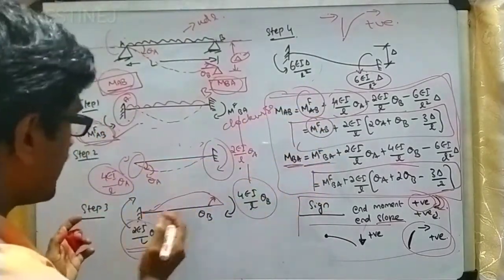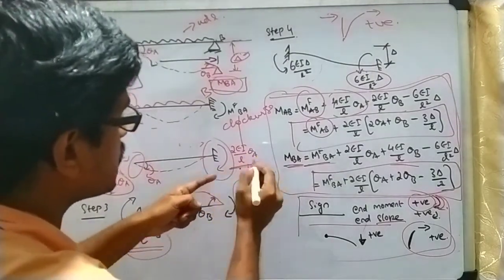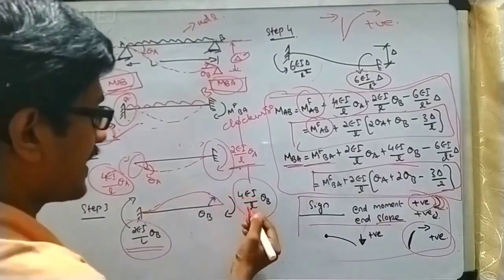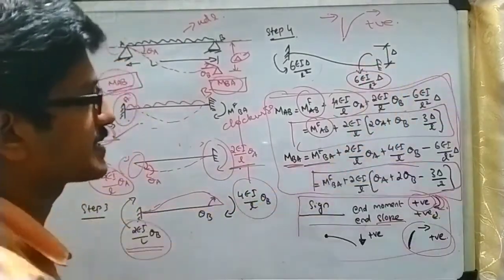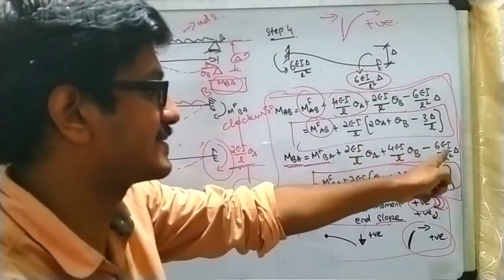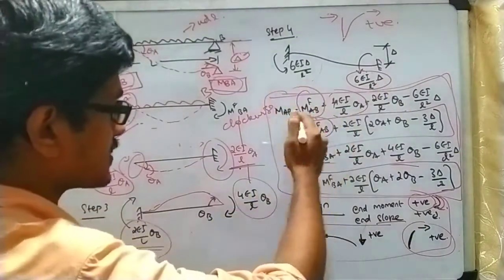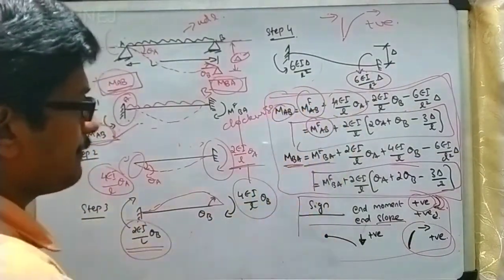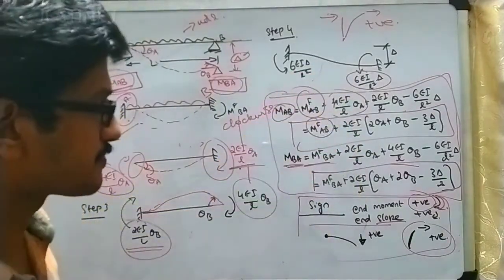The next value is 2EI by L theta A plus 4EI by L theta B, and minus 6EI by L square delta, since it is in the anti-clockwise direction. And with the help of these two equations, MAB and MBA, we will work out the problems.